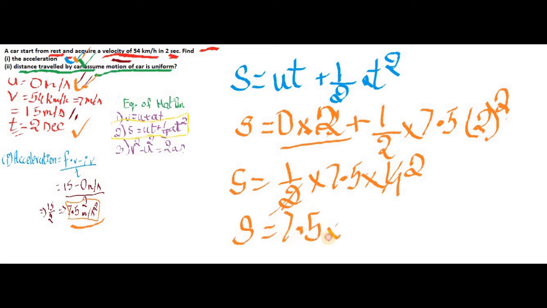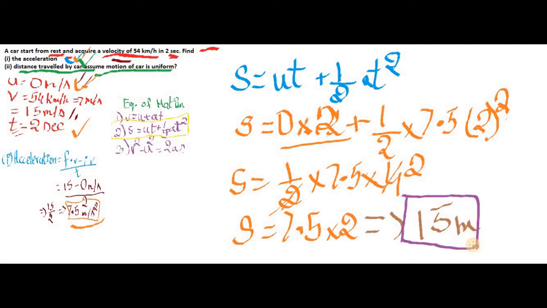If you solve it, the answer comes out to be nothing but 15 meters. So this is our final required answer for the second part. So the distance traveled is 15 meters. That's the end of the question.